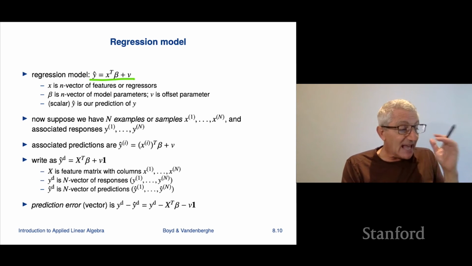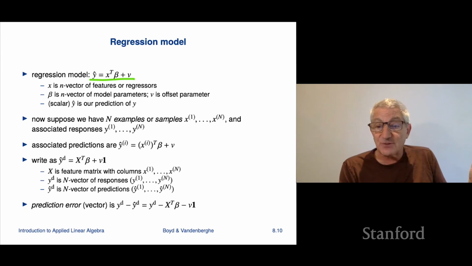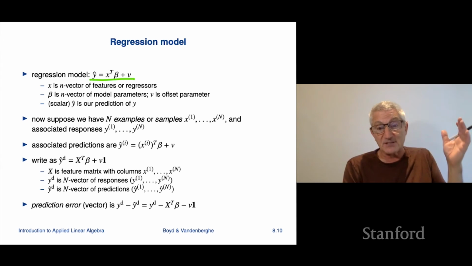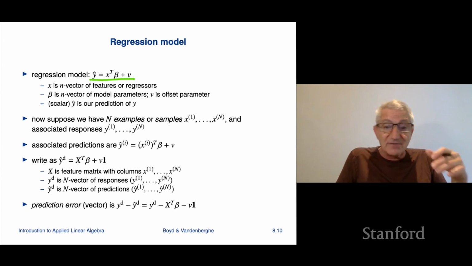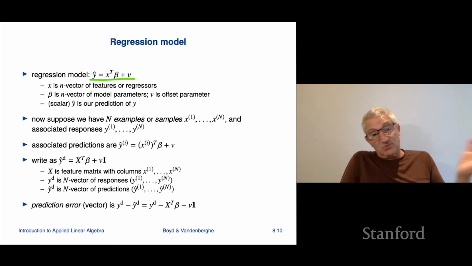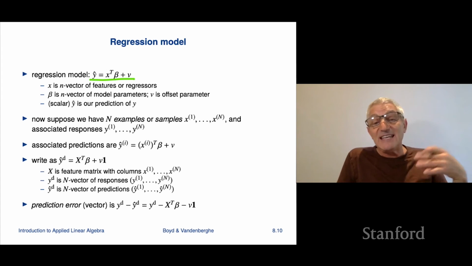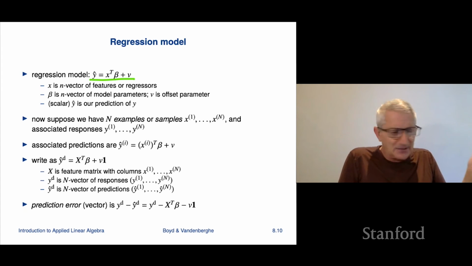Now here, x is an n vector of features, or regressors. These could be attributes of a patient or a person or a customer or of an email or something like that. It doesn't matter. So that's what x is.